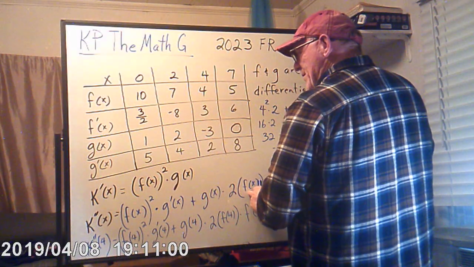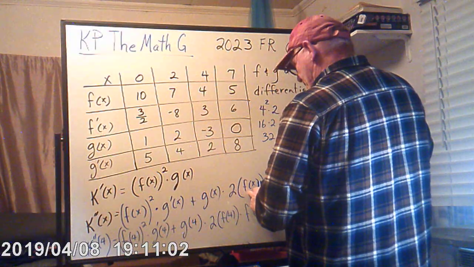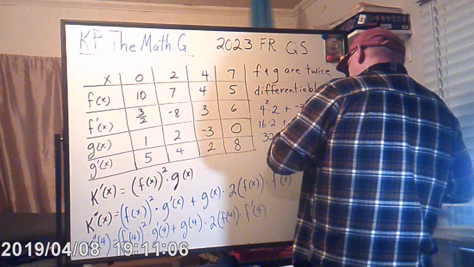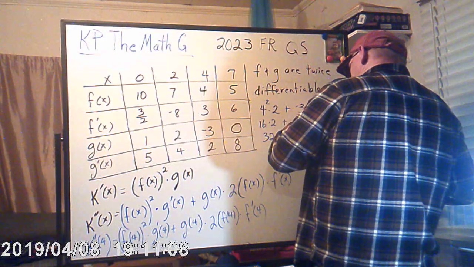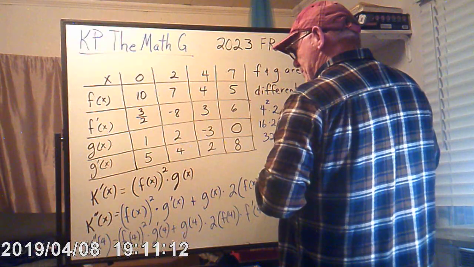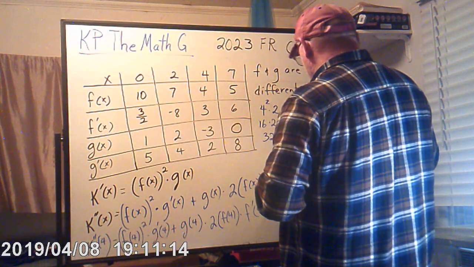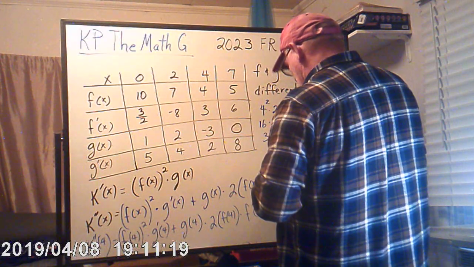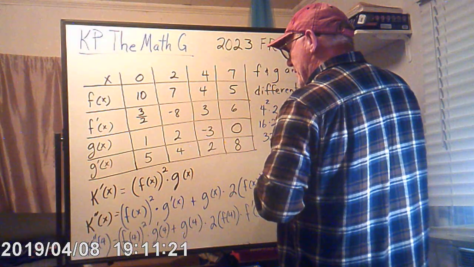Alright, so L at 4 is 4, but 2 times that is 8. And then times F prime at 4, which is 3.